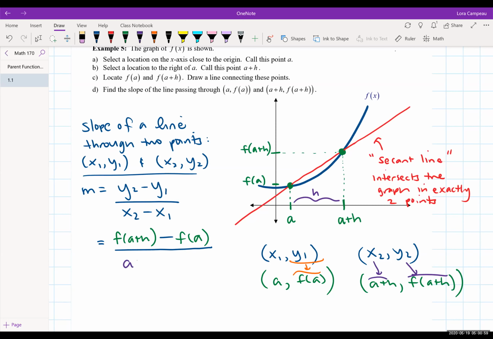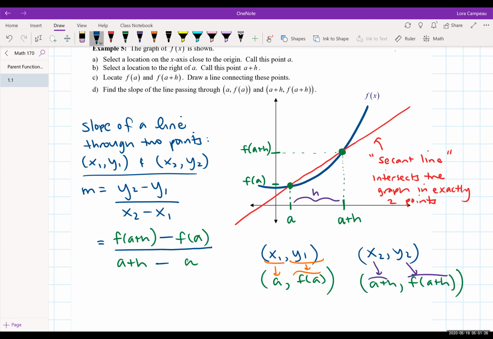We'll keep the same color scheme for you. And x1 maps as just an a. So the x value of f of a is a. So the differences of the y values over the differences of the x values.